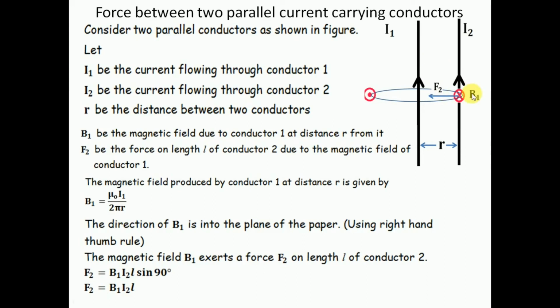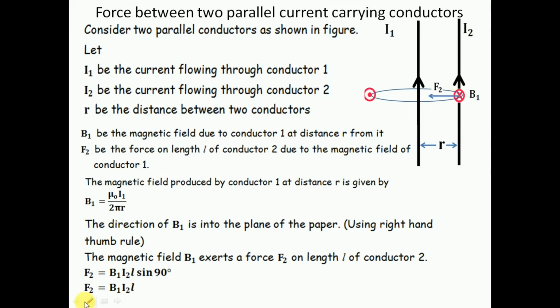Now the magnetic force on this conductor can be written as B I L sin theta. B is the magnetic field due to conductor number 1, I is the current flowing through conductor number 2, L is the length, and the angle between the magnetic field and this current is 90 degrees, because the magnetic field is going into the screen and the current is going upwards.